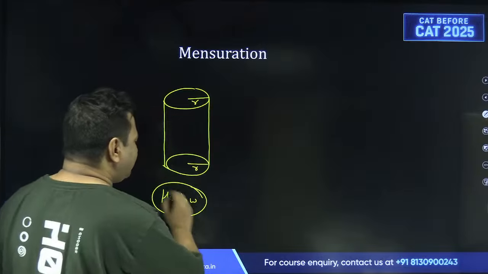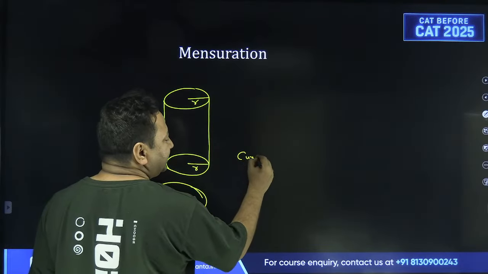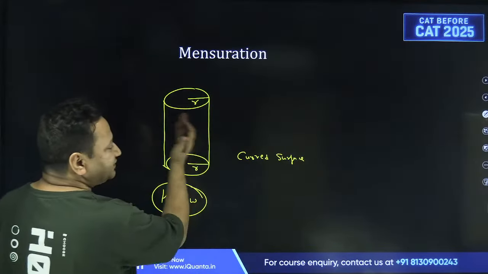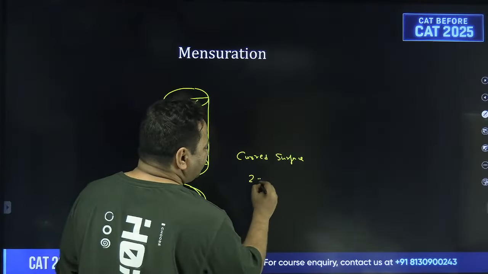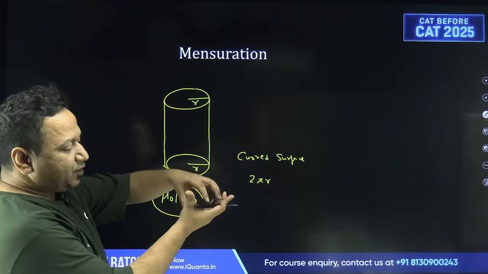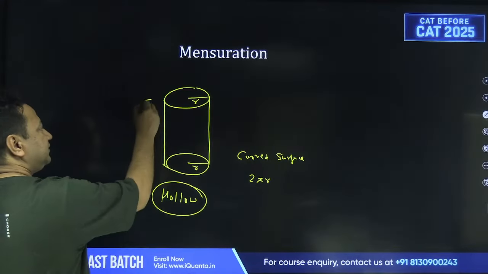So if I want to find the surface area, there are two kinds of surface area over here. One is curved surface area. This is the curved surface area. So 2 pi r happens to be the circumference of a circle, and if it is counted h times, why h? Because the height of the cylinder is h.